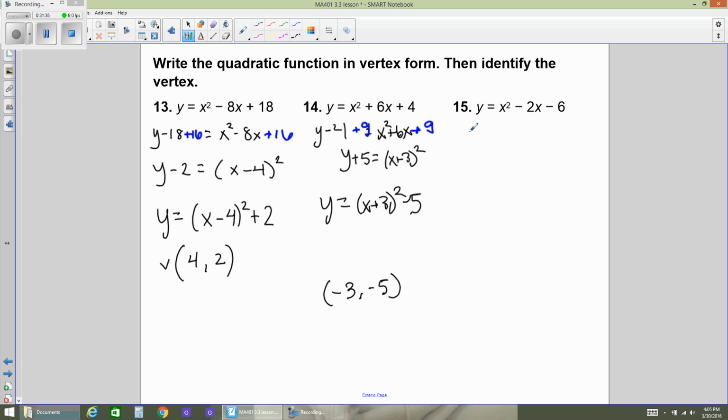Okay, move the constant. Plus 6. X squared minus 2x. Ooh, I should have left space. Half of 2 is 1. 1 squared is 1.